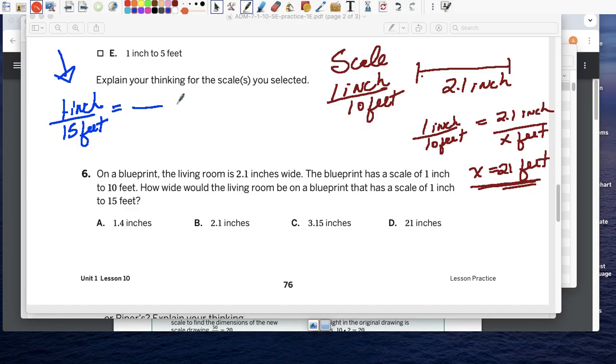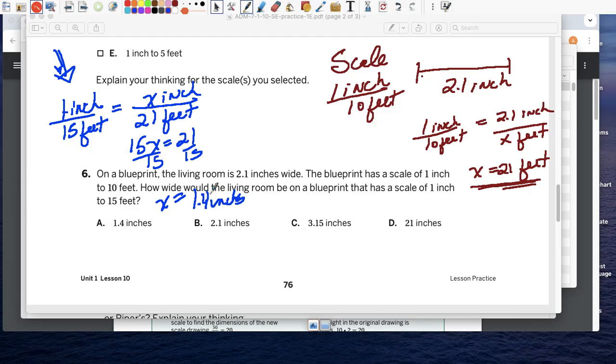So using that scale, here's the width of your living room. How many inches would that be on his or her drawing of your living room? So x inches. Cross multiply, we got 15x equals 21. Divide by 15, divide by 15, x equals, what's 21 divided by 15? 1.4 inches.